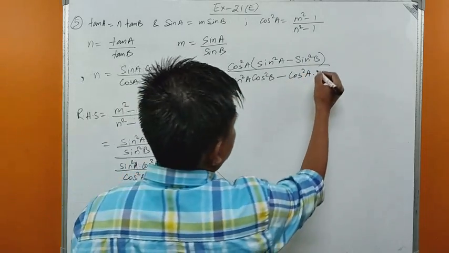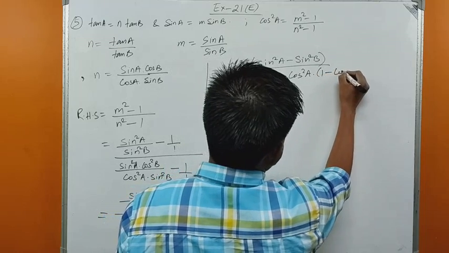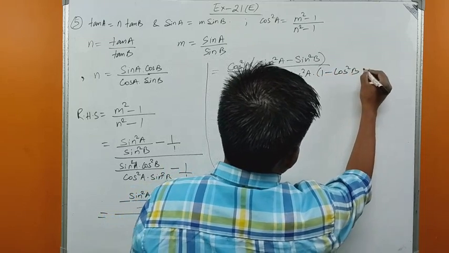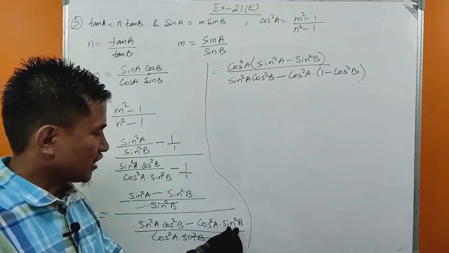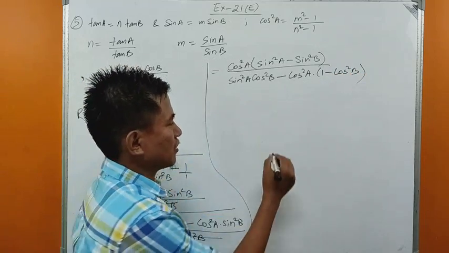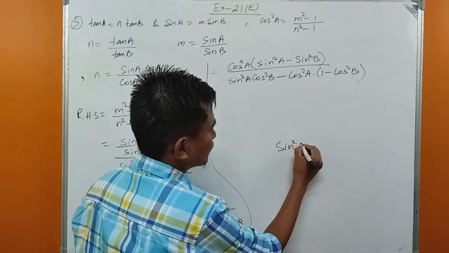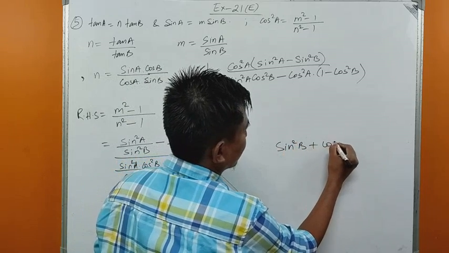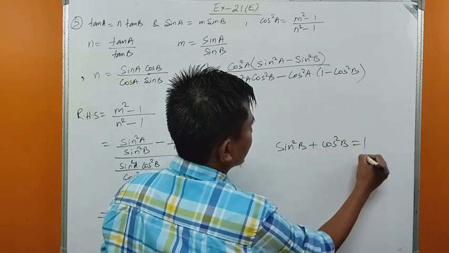Sin square B means 1 minus cos square B, because sin square B plus cos square B gives us 1.